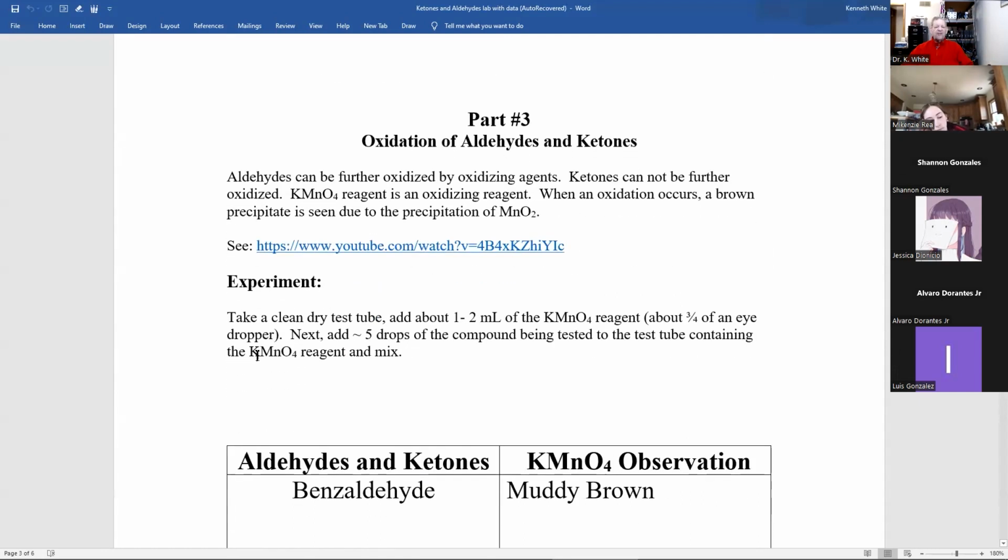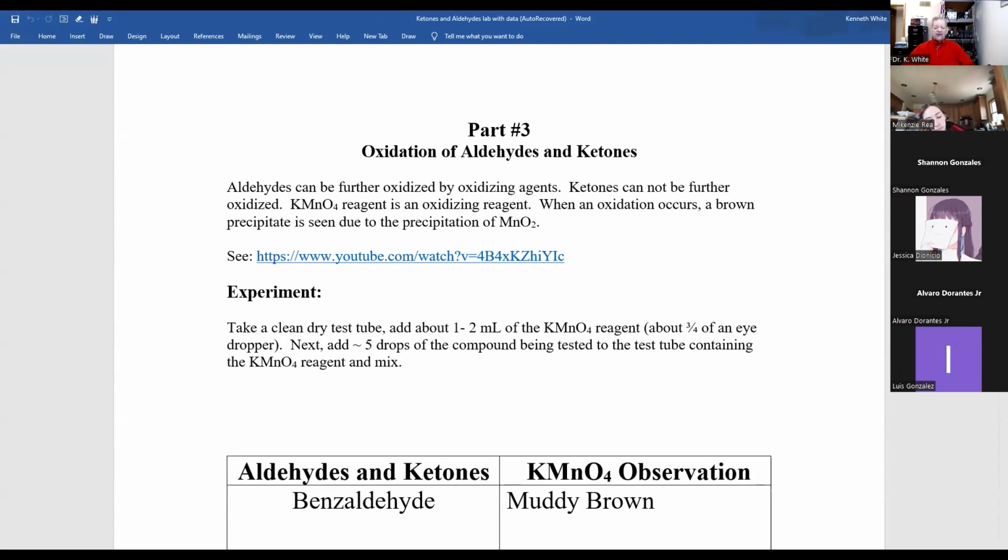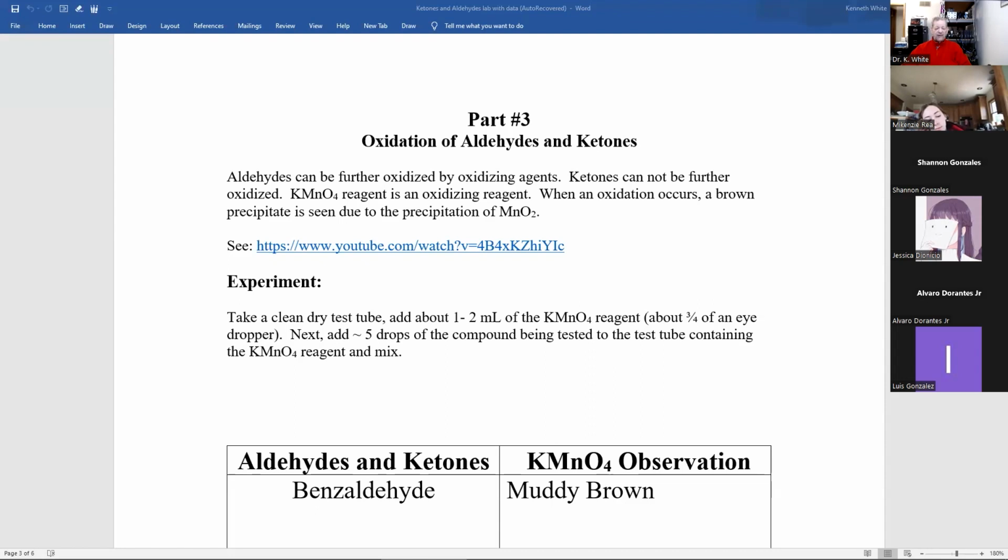All right, let's talk about the oxidation of ketones and aldehydes. And this is a reaction I didn't teach you in the let me just do something.